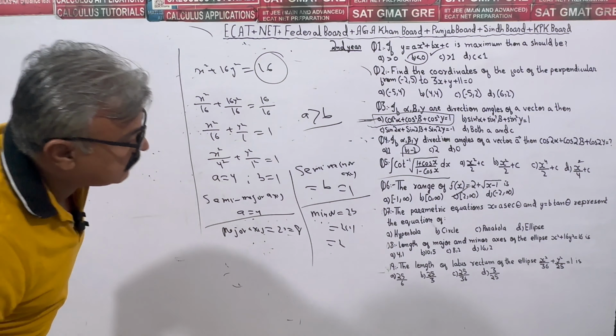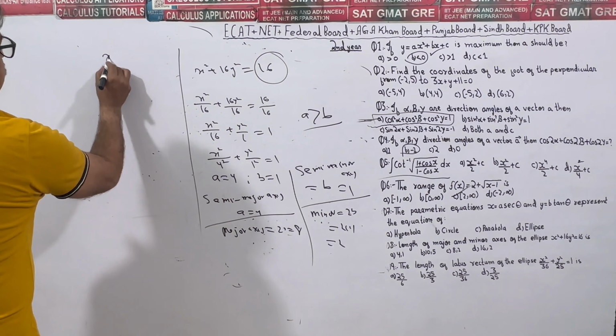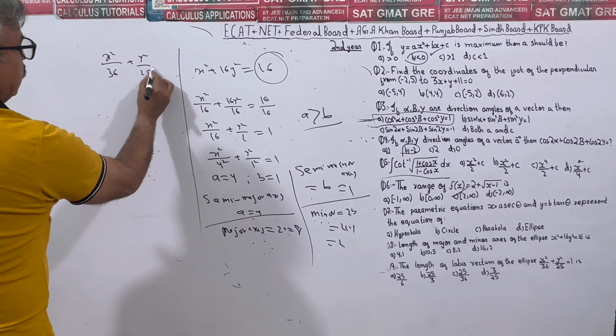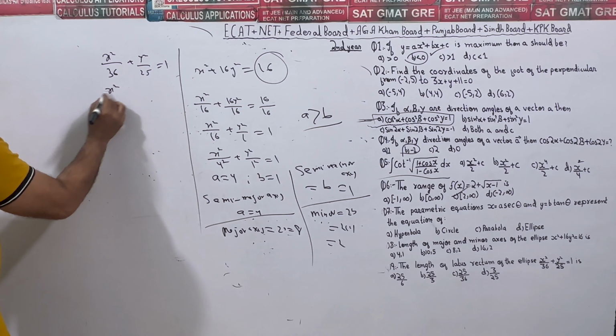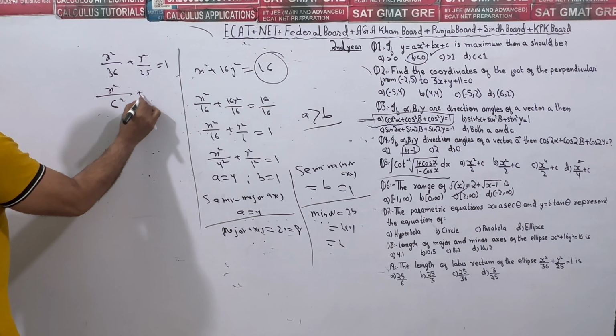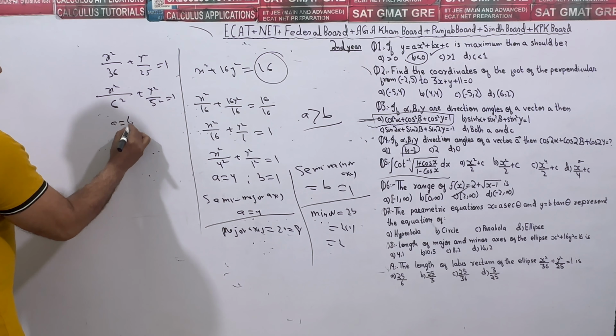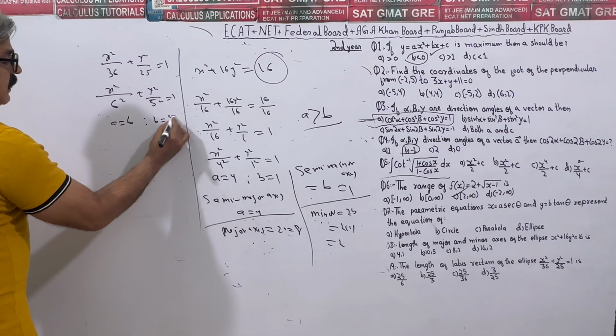The latus rectum, and the equation is given in the standard form: x square over 36 plus y square over 25 is equal to 1. Instead of 36, let me write 6 square. Instead of 25, let me write 5 square. So the value of a is 6, value of b is 5.